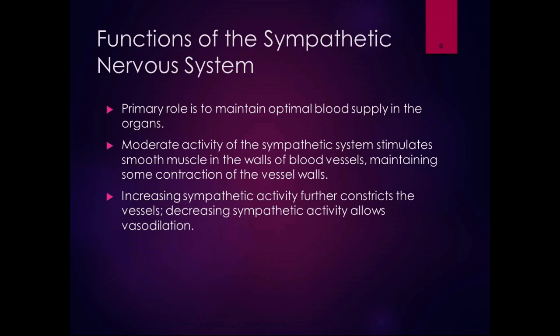Increasing sympathetic activity further constricts the vessels, and decreasing sympathetic activity allows vasodilation. So when you look at your chart on page 181, the effect of the blood vessels of the sympathetic nervous system is to constrict those vessels. And the parasympathetic system is going to do the opposite. It's going to vasodilate.